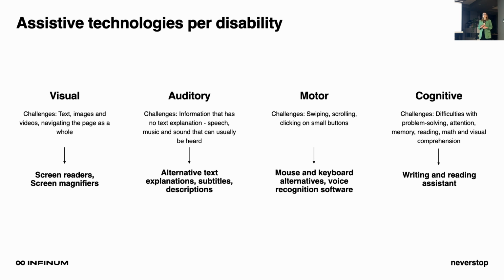What can help them are screen readers and screen magnifiers. People with auditory disabilities have challenges hearing speech, music, and other sounds. How can we help them? By providing alternative text explanations, subtitles, and descriptions.